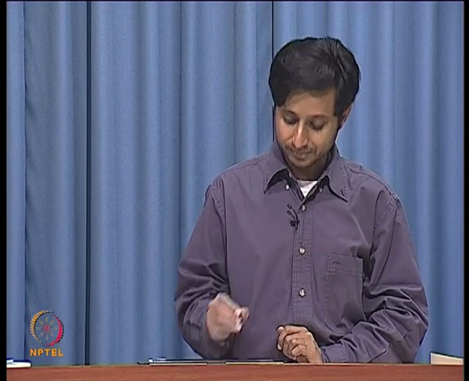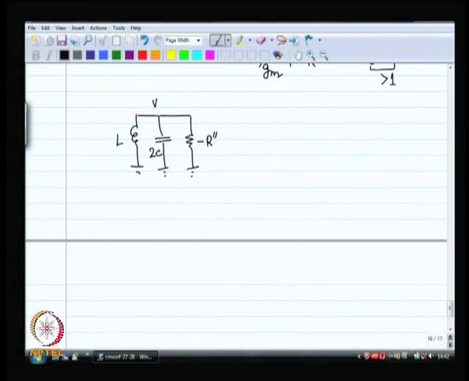Let us say this is V, voltage V, and I am going to find out if I apply a voltage V, what is the current I that goes in. Let us say that is what we are planning to do.